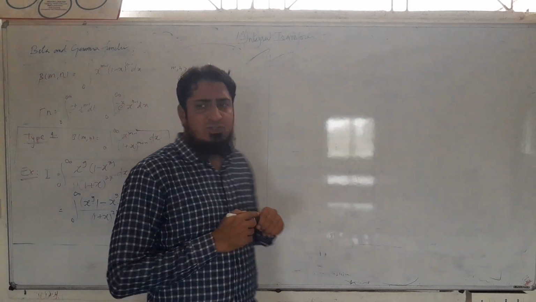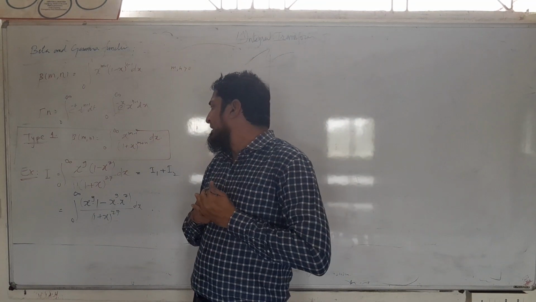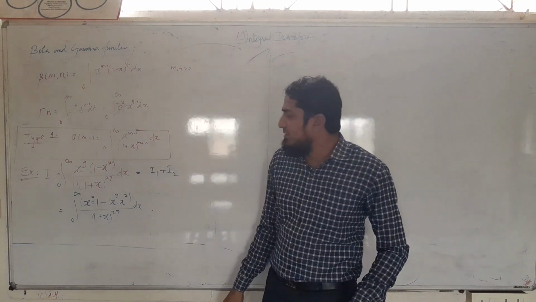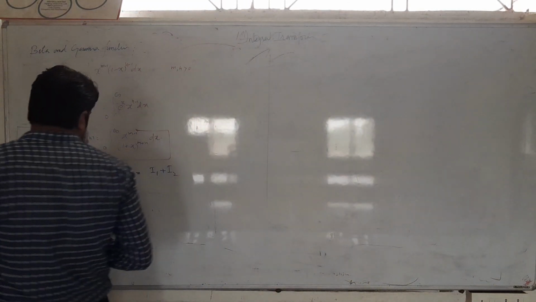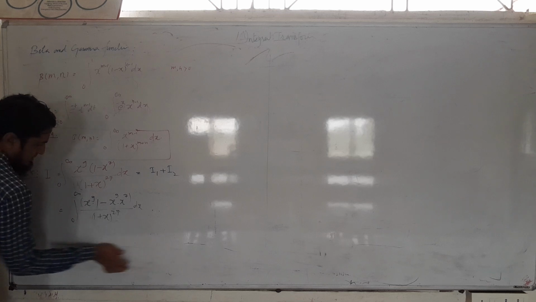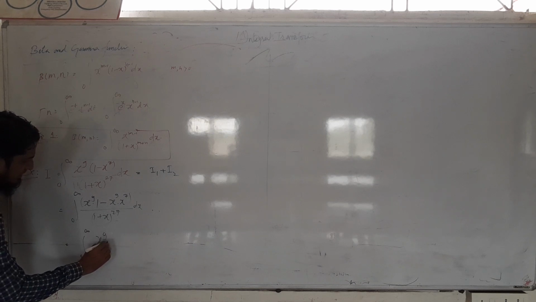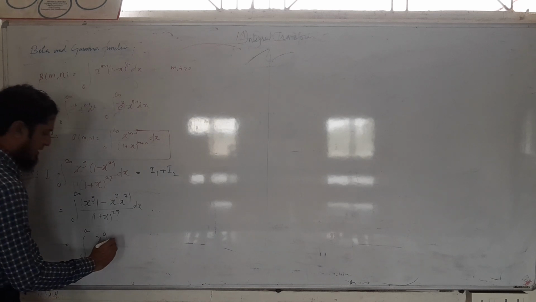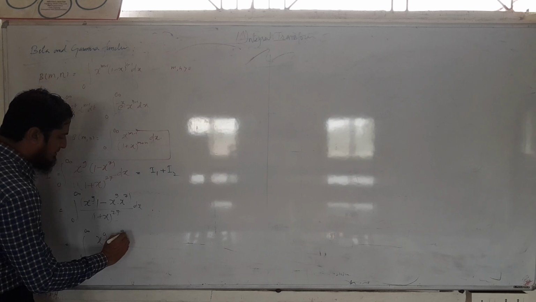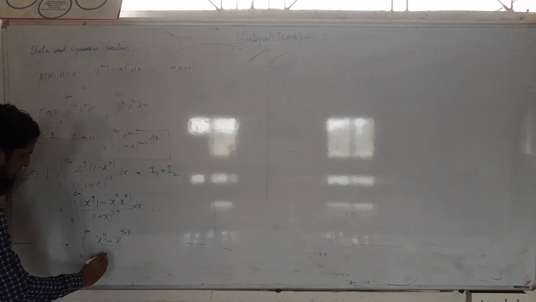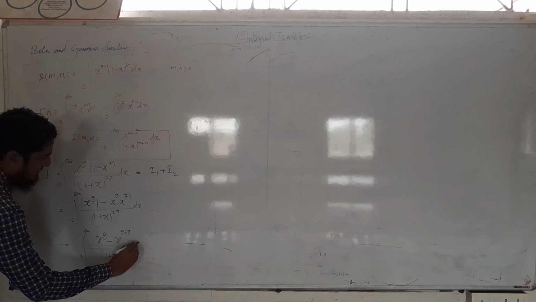We have just multiplied x raised to 9 into the bracket, and after multiplication, x raised to 9 into 1, we get the integration from 0 to infinity of x raised to 9, and we have x raised to 9 plus 7, upon (1 plus x) raised to 27 dx.